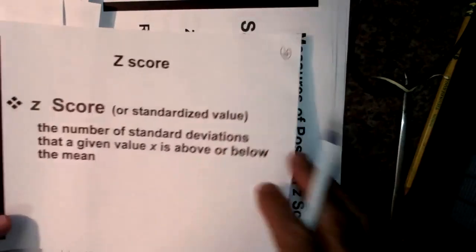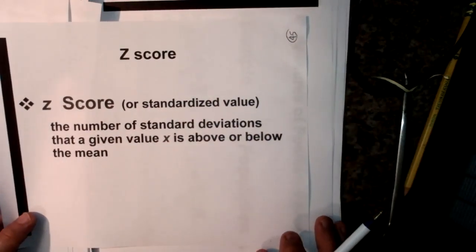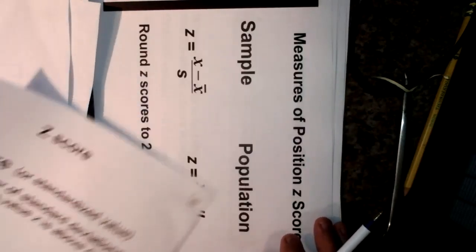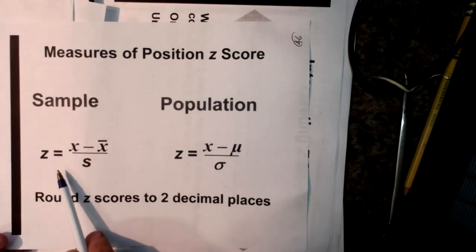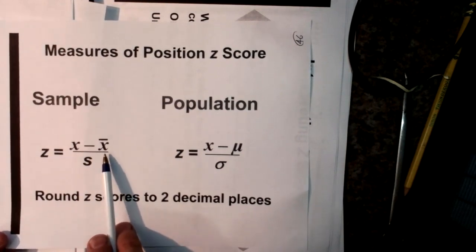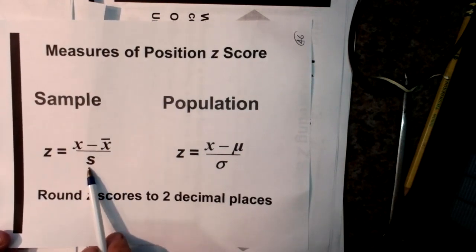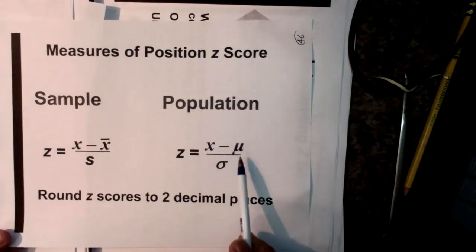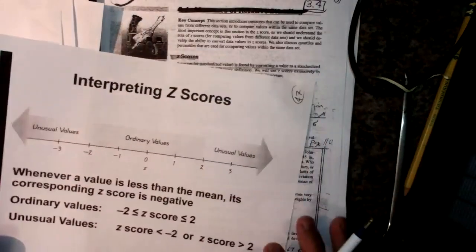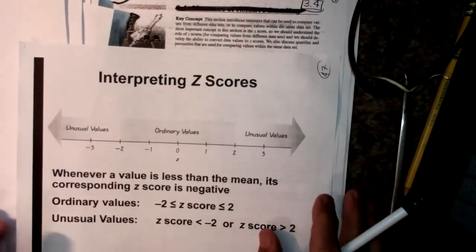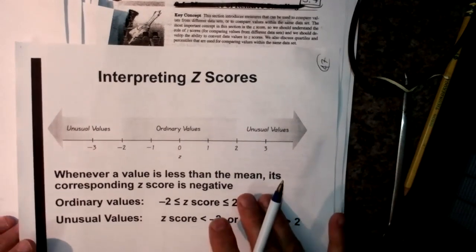Then another one is what they call the z-score. This is the formula that we use for z-score. In order to find the z, you need to have your sample mean and standard deviation of the sample, or if you're dealing with the population, the mean of the population and standard deviation of the population. Now here, sometimes I give you a number in the problem and ask, is this usual or not?